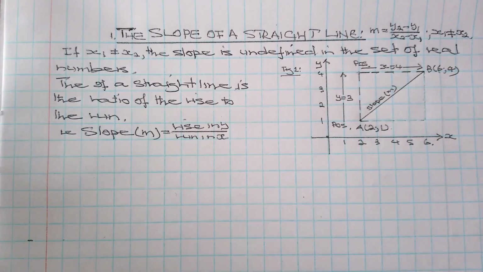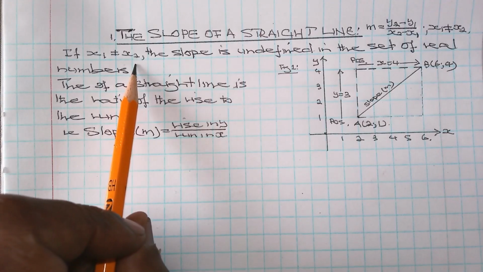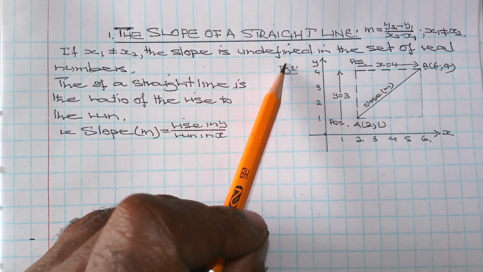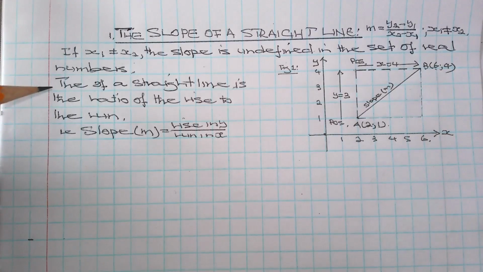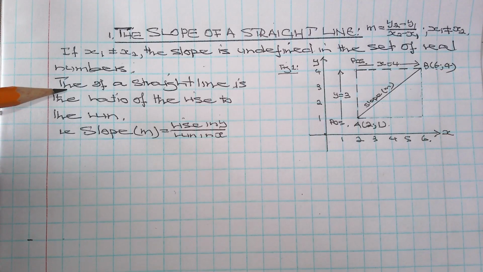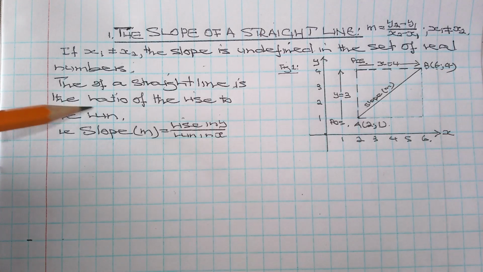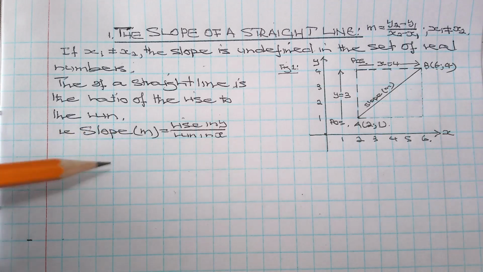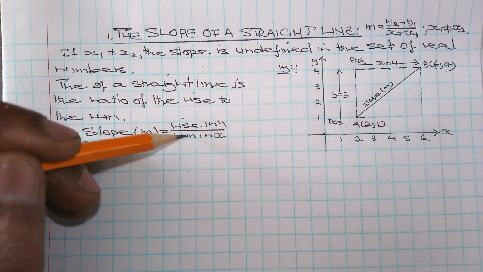If x1 is equal to x2, the slope is undefined in the set of real numbers. The slope of a straight line is the ratio of the rise to the run. That is, slope m equals rise in y over run in x.